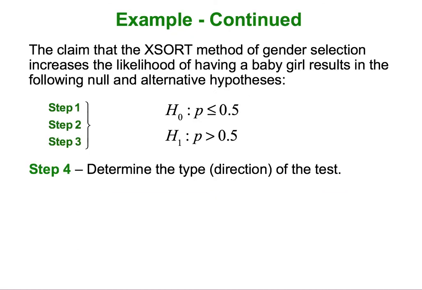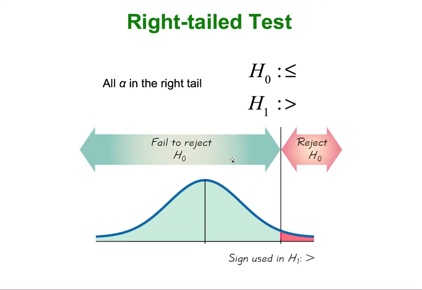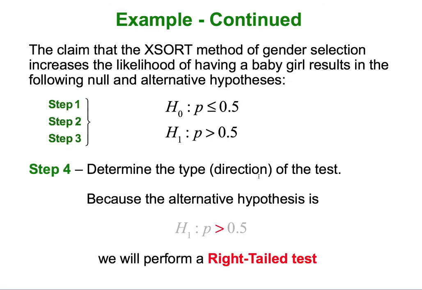So the inequality in the alternative hypothesis points right, and so we conduct a right-tailed test. Right-tailed test meaning that our critical value will be here in the right tail, and this red area is all of the alpha that is referred to in the question. The inequality points to the right, so we have a right-tailed test.